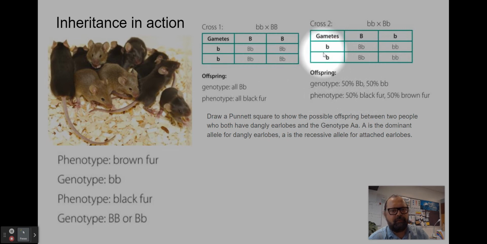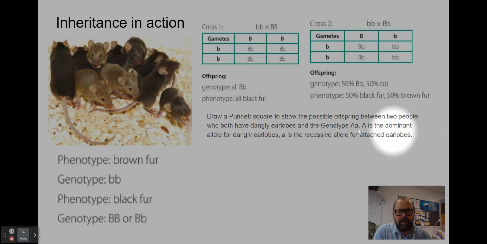Whereas if the brown mouse, homozygous recessive, was bred with a heterozygous black mouse, then the offspring would have a 50% chance of being heterozygous and therefore have a phenotype of black fur, and a 50% chance of having a homozygous recessive genotype and being brown.